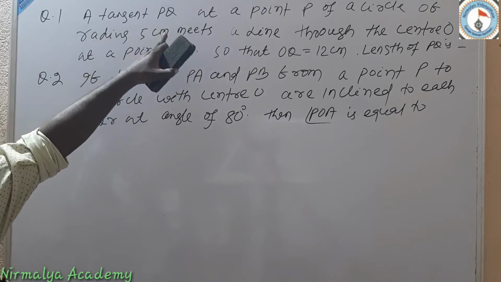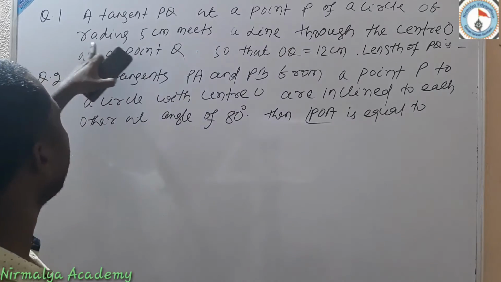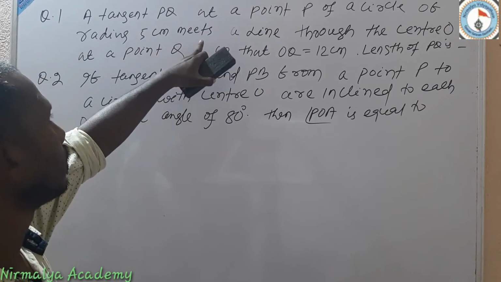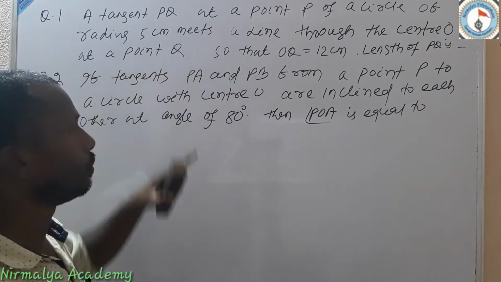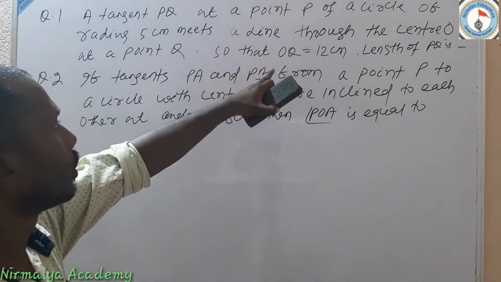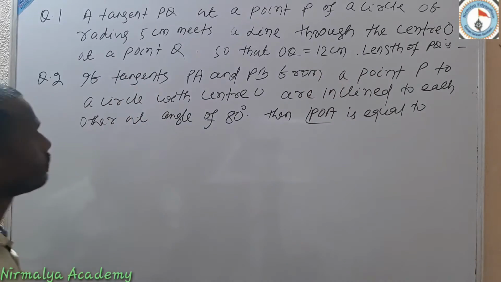A tangent PQ at a point P of a circle of radius 5 cm meets a line through the center O at a point Q, so that OQ equal 12 cm. Then the length of PQ is.